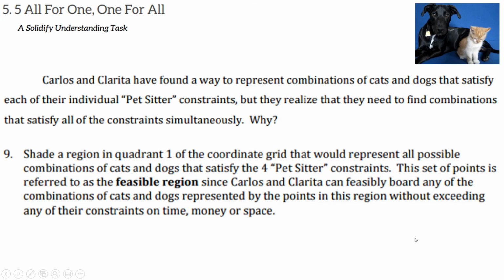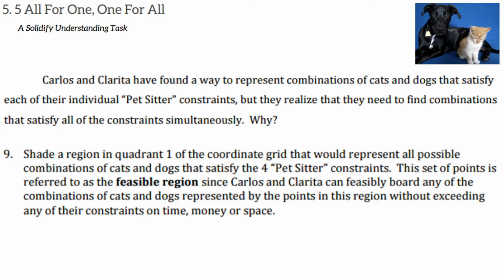Okay, now 9. Shade a region in quadrant 1 of the coordinate grid that represents all possible combinations of cats and dogs that satisfy the 4 pet sitter constraints. This set of points is referred to as the feasible region. Hey, look at that.